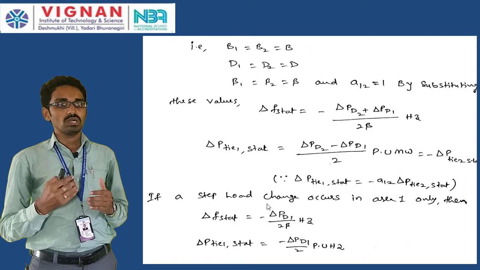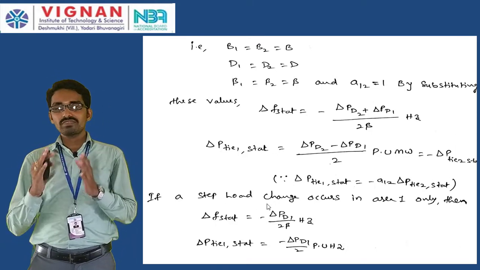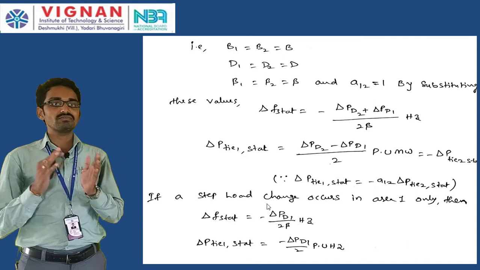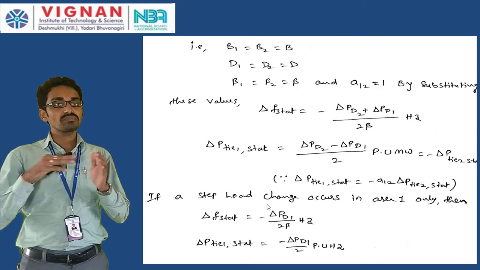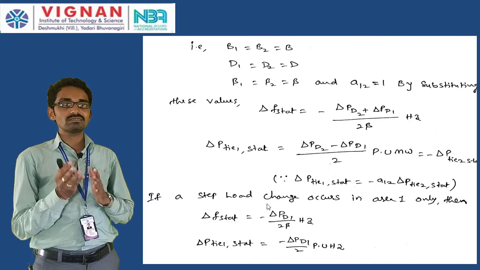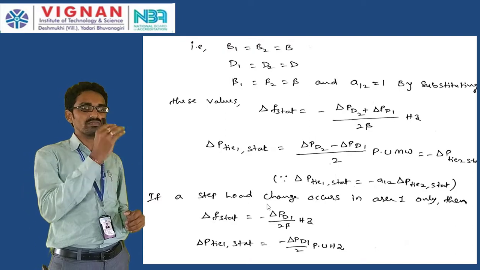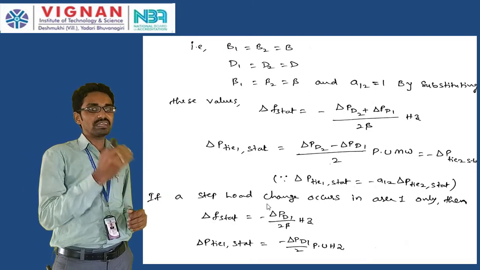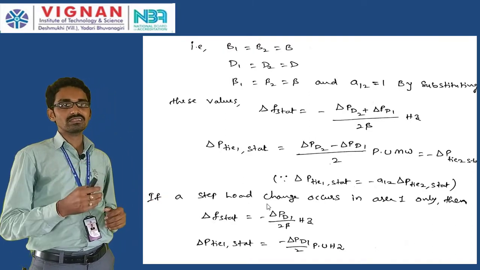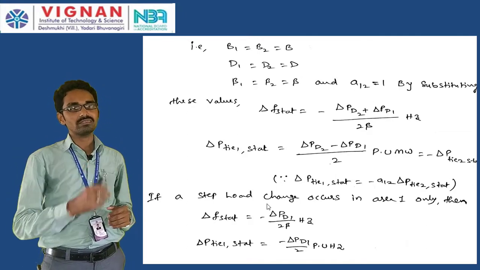You have 1 by 2, so the static frequency change, or change in frequency in steady state, is considered as 50% only. That means your static frequency error is reduced only to 50% in case of the 2 area system.